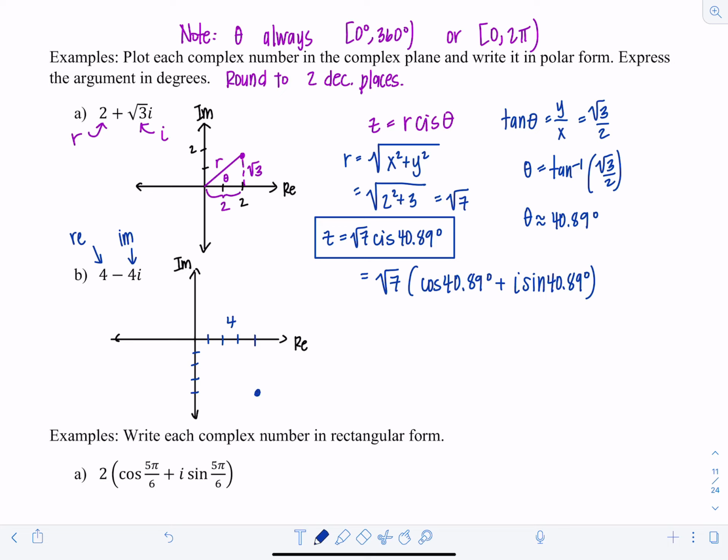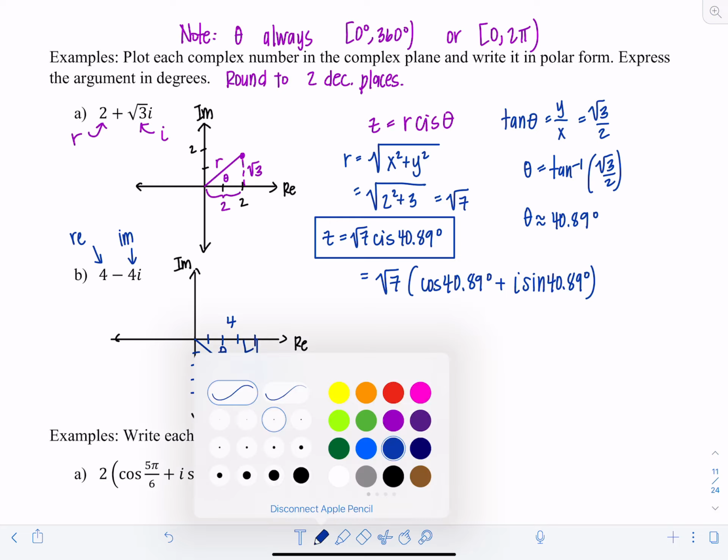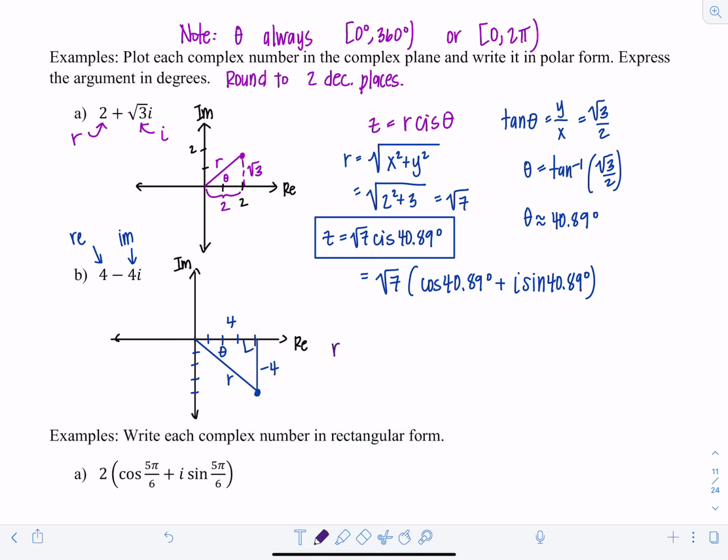This is 4. This is negative 4. I need theta, I need r. Okay? Well, this is a nice isosceles right triangle. So I already know, okay, r is 4 rad 2.